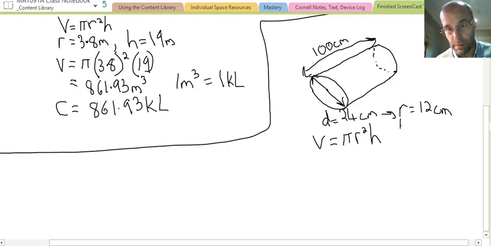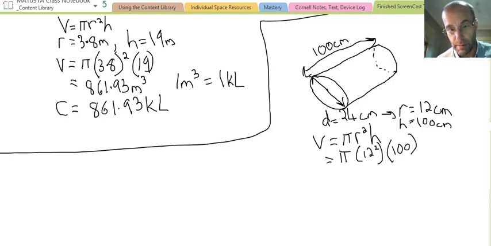We have enough now. H is 100. Let's substitute it into the formula and see how we go. So we have pi times 12 squared times 100. Let's calculate that.